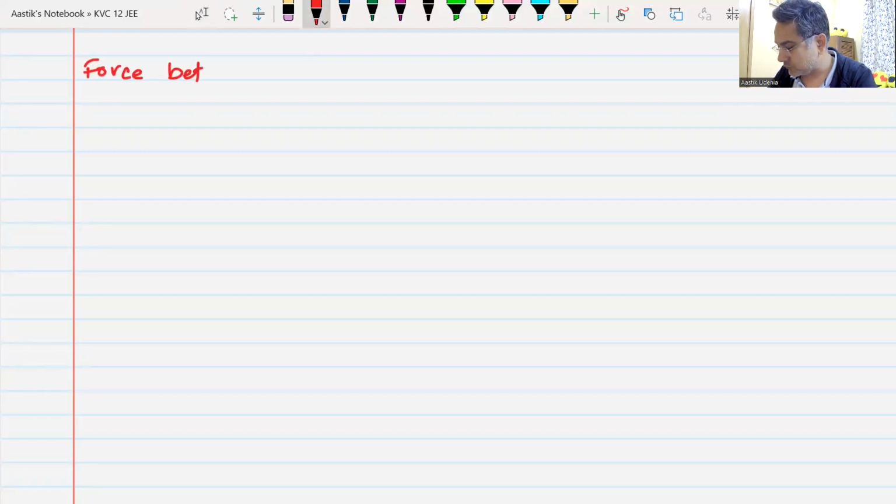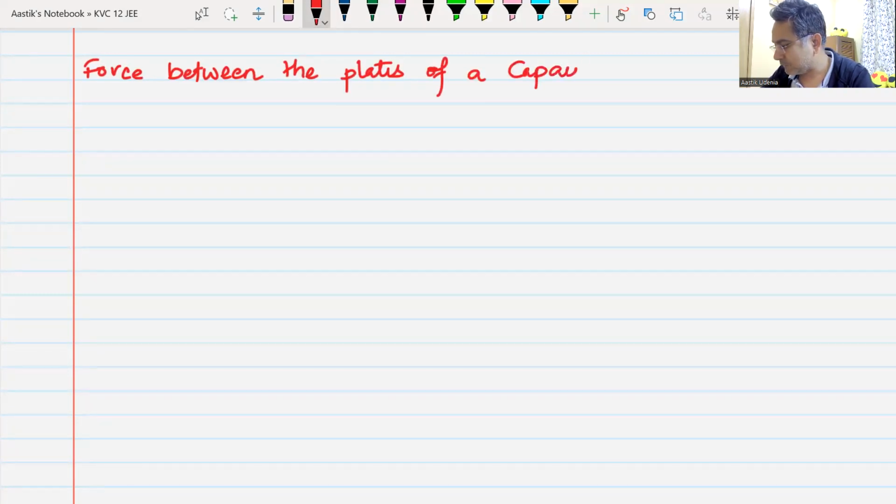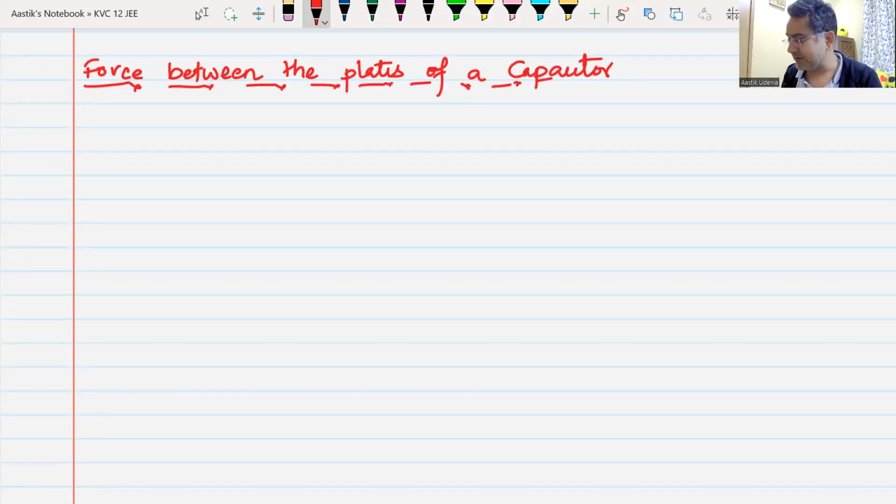Now, what do you mean by this? It's very simple. You have a capacitor.